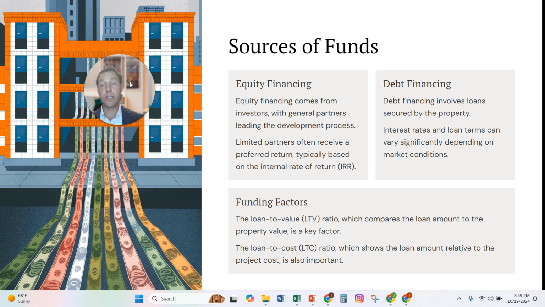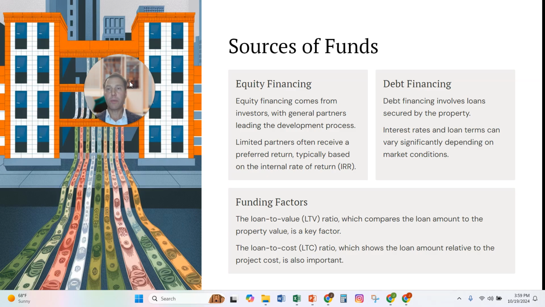One other thing we're going to touch on during this training is the sources of funds. There are a few different ways to actually fund your project. First one obviously being equity, where you have investors, or you as the developer or the sponsor are coming in and purchasing the property and funding the construction and renovation.